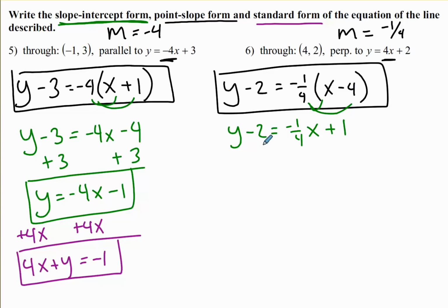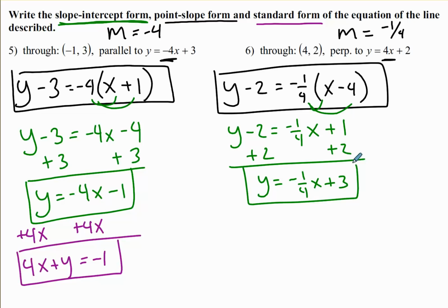And so now I need to get y by itself, so we'll add 2 and add 2. And so we get y equals negative 1/4 x plus 3. So that's our equation of our line in slope intercept form.